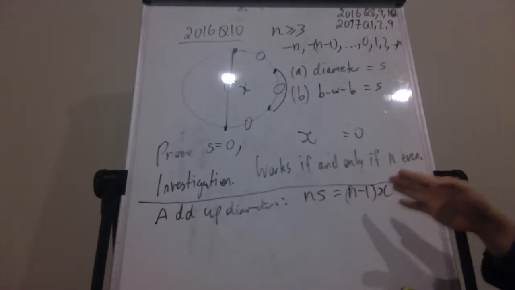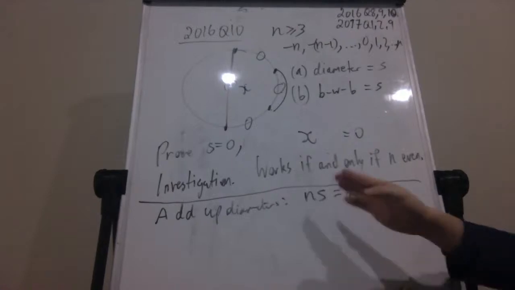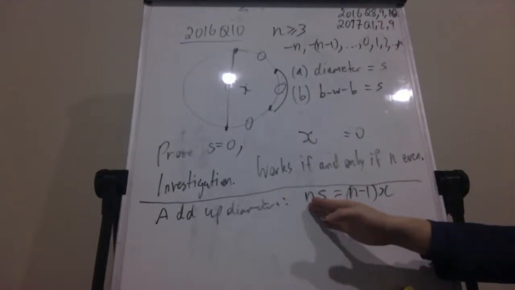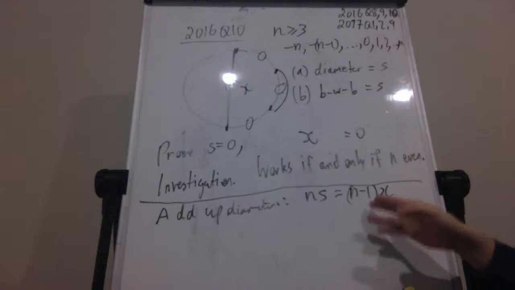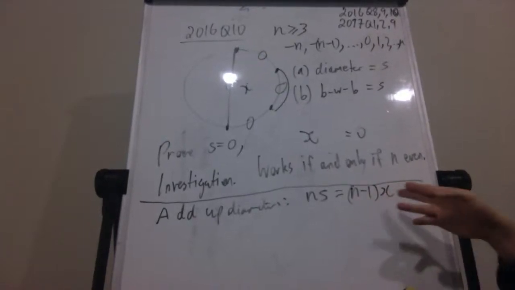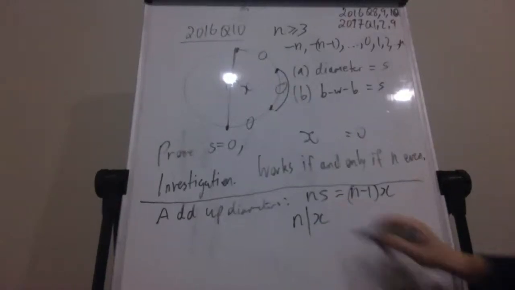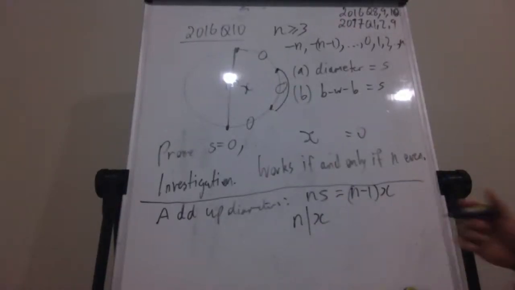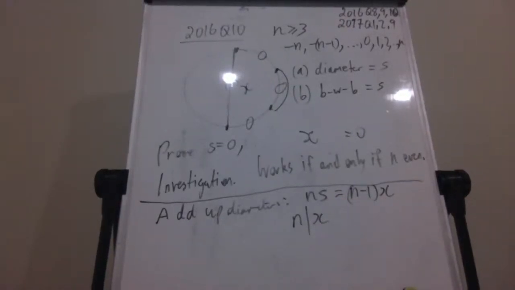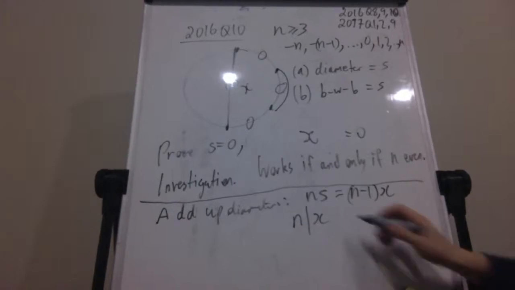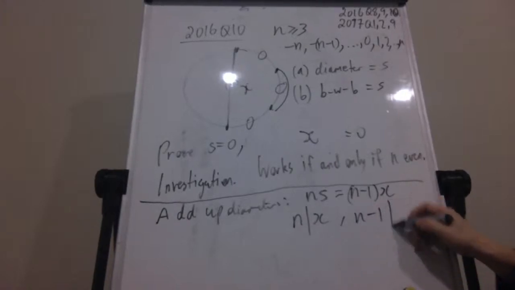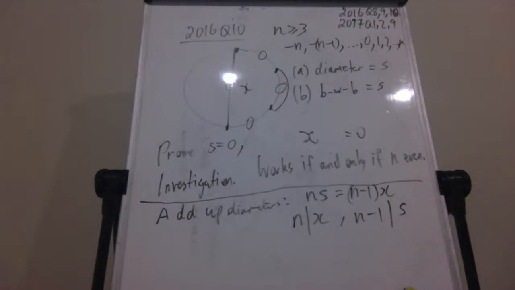N minus 1 and n are co-prime, because n is not necessarily prime. So n divides this, but it's co-prime with n minus 1, so it has to divide x. Similarly, can you see, n minus 1 divides s, right?